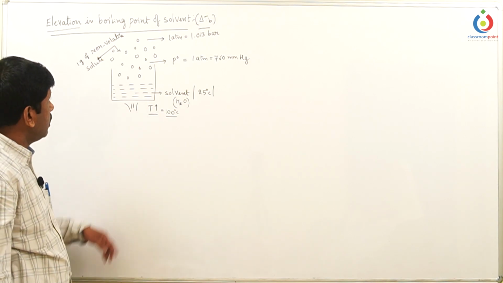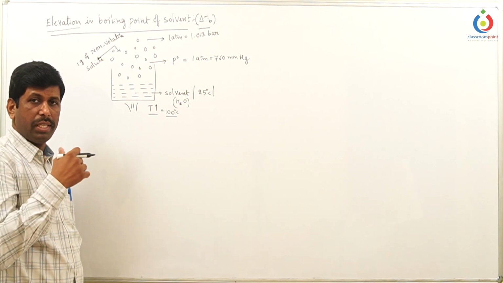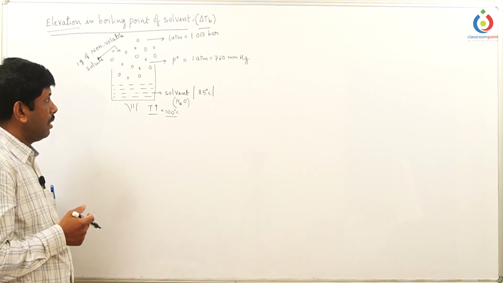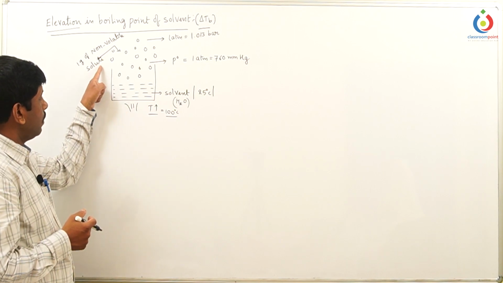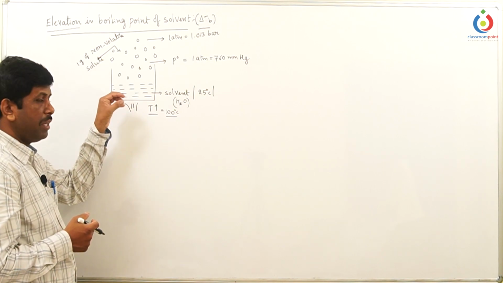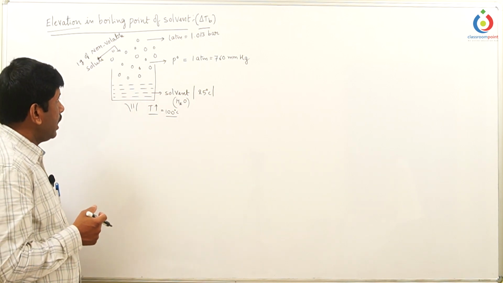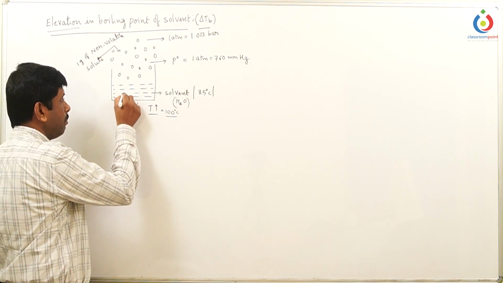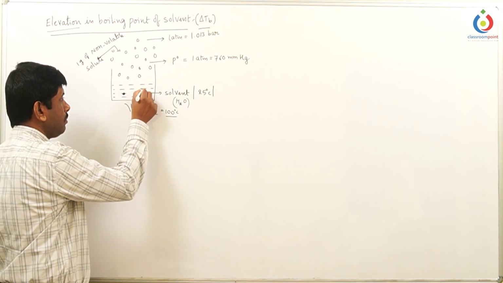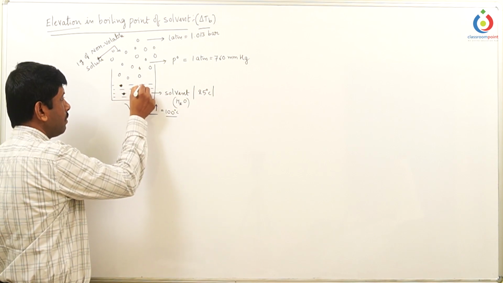As the condition says it is non-volatile, the solute molecules do not participate in the vaporization process. But in a homogeneous solution, this non-volatile solute distributes completely and uniformly throughout the volume of the solvent, so that the solute molecules not only occupy positions in the bulk of the solvent, but also replace some of the solvent molecules from the surface area.